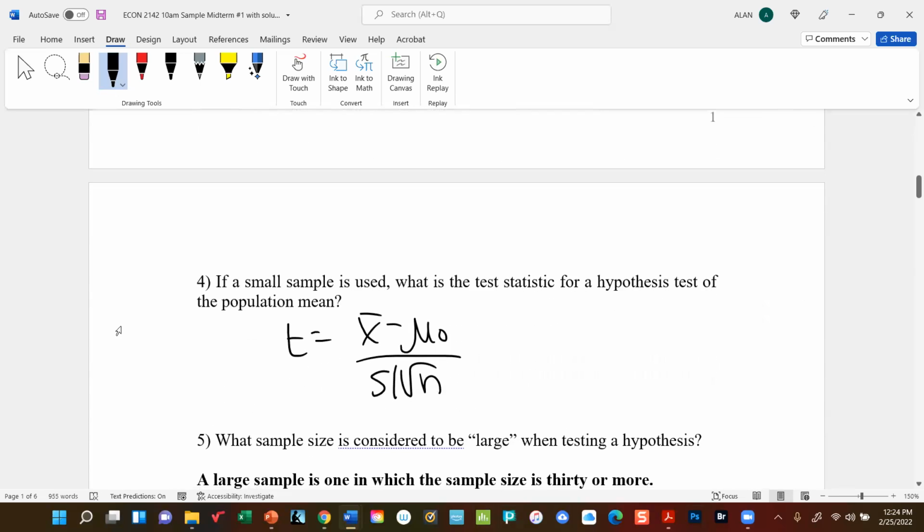Now, by the way, I just also want to mention, I think we mentioned this once. In principle, you're supposed to use the t-distribution anytime you don't know the population standard deviation, but usually it's more important when we have small samples, because if we have large samples, the results will be almost the same whether we use the standard normal or the t.